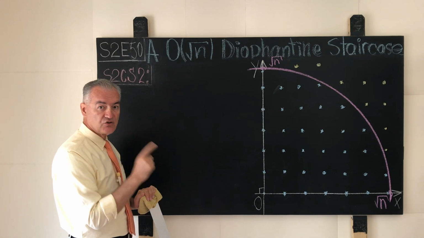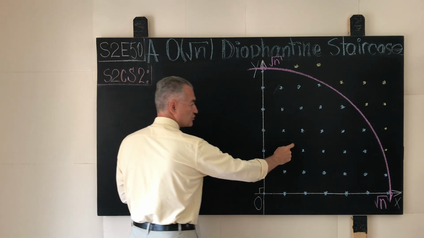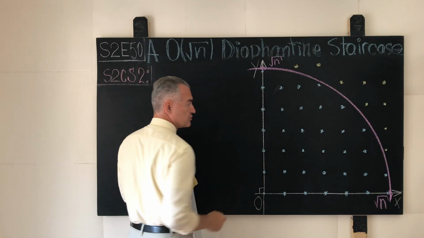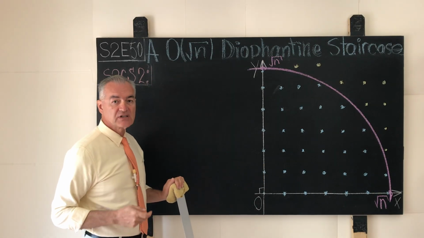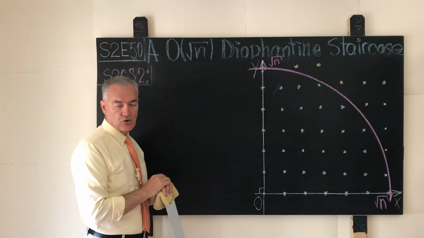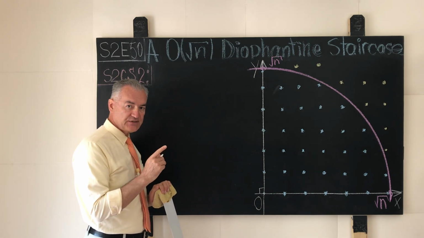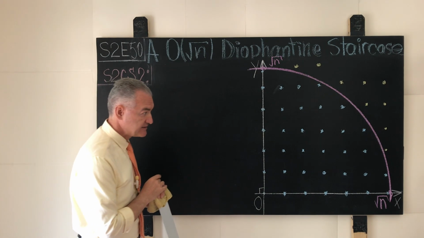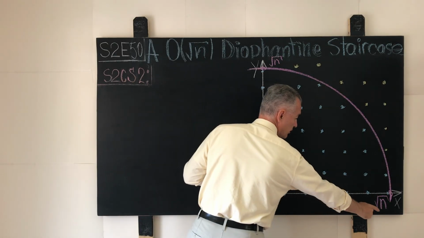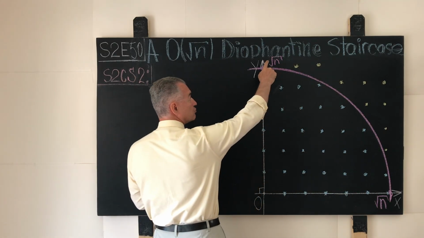That are located in the first quadrant, as shown on the right hand side of your screen, and strictly inside of the origin centered circle that has the radius of square root of n.